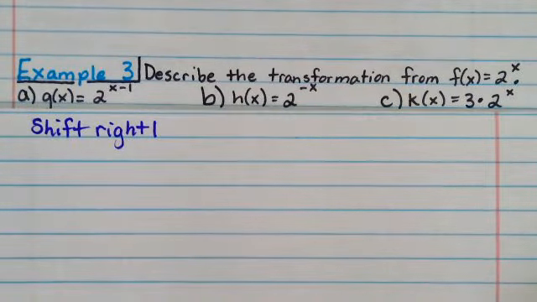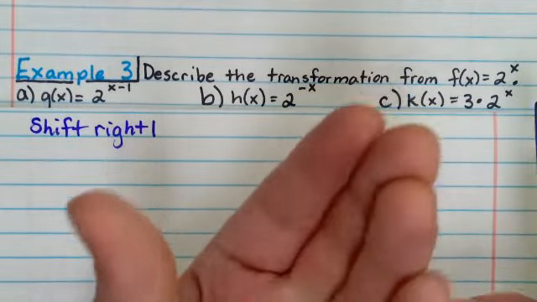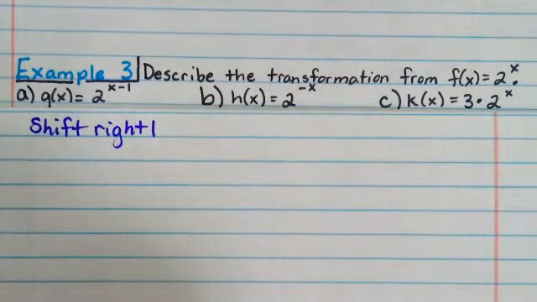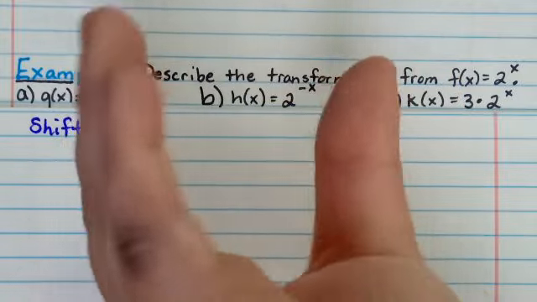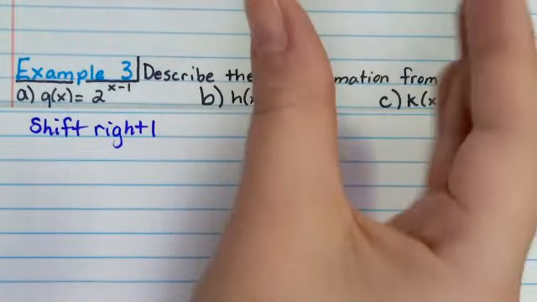It doesn't change the input. It only changes the output. This is changing the input. Okay, it's changing your x values. Sorry, I can't mime with my hands very well under the camera. If I had a parabola and I reflected across the y-axis, it would reflect kind of that way, right?